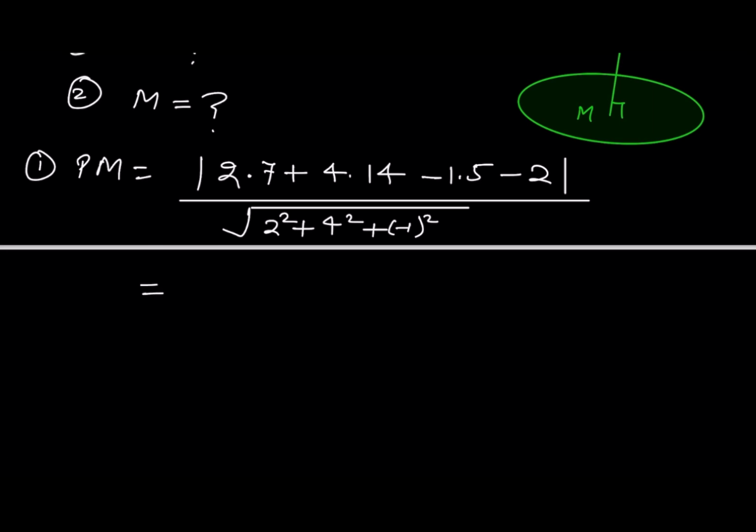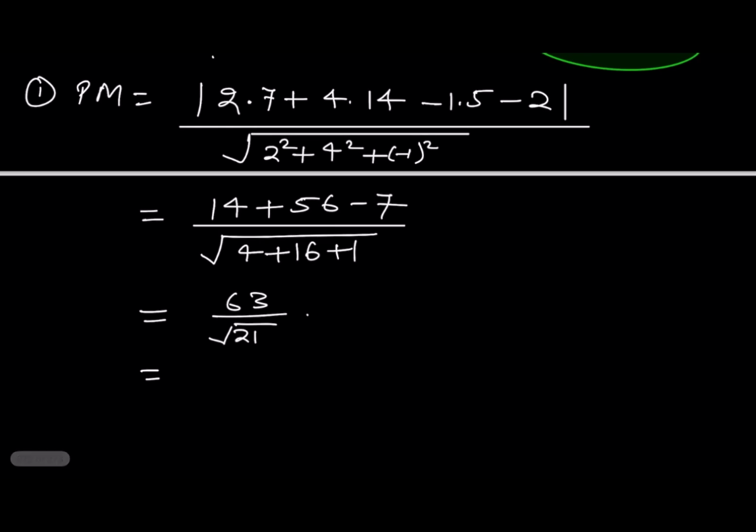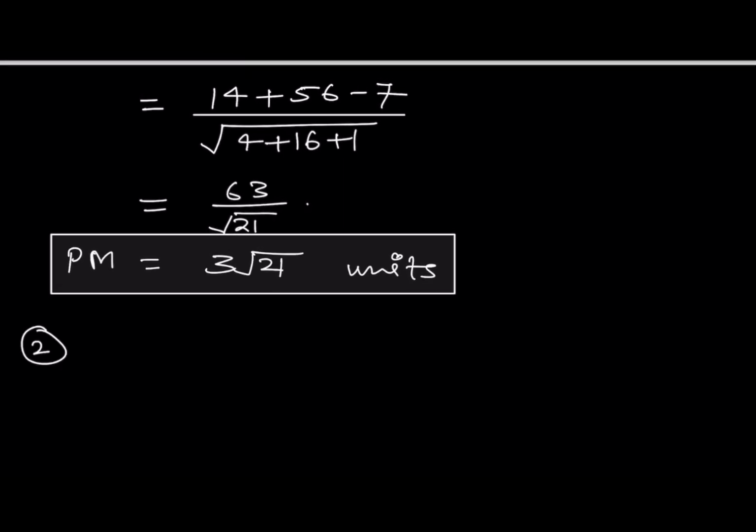So this is 14 plus 56 minus 7 upon root over 4 plus 16 plus 1. So this is 70 minus 7, that is 63 upon root over 21. Or this is 3 root over 21 units. This is PM.